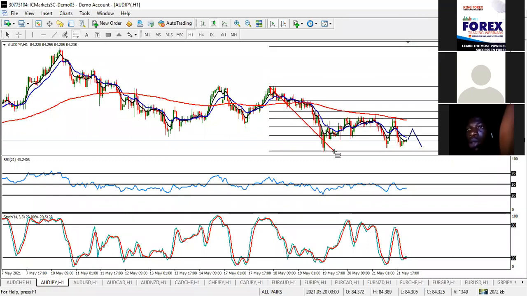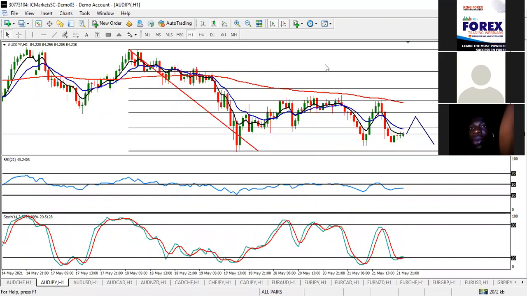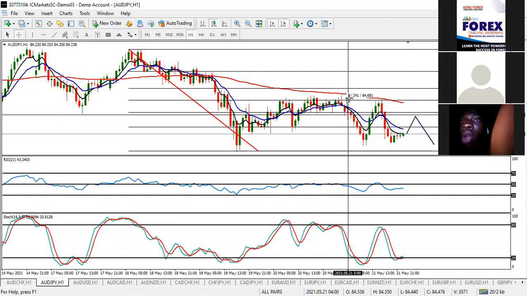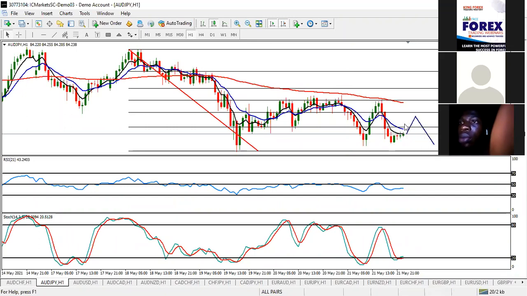You can see we have a good example right here, guys. Look at it. This has retraced to 50% fib level. Now you can see price is moving in the direction, guys. So now we're waiting for this pair to also pull back to 50% before it continues pulling down.